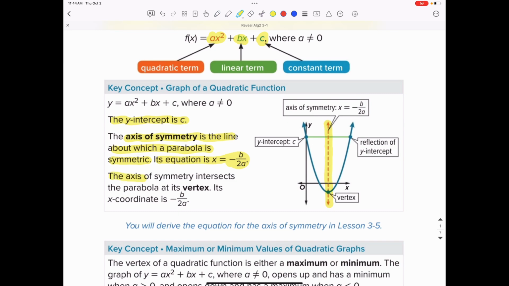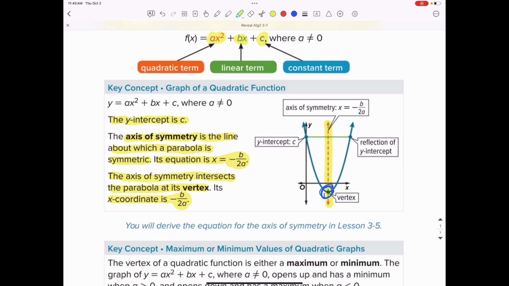The axis of symmetry is where the vertex is. Remember, the vertex is the turning point of the graph. So right here, I'll circle that over the picture. That is the vertex. That is the turning point. The x-coordinate of the vertex is located at negative b over 2a, using that same formula that's used for the axis of symmetry.